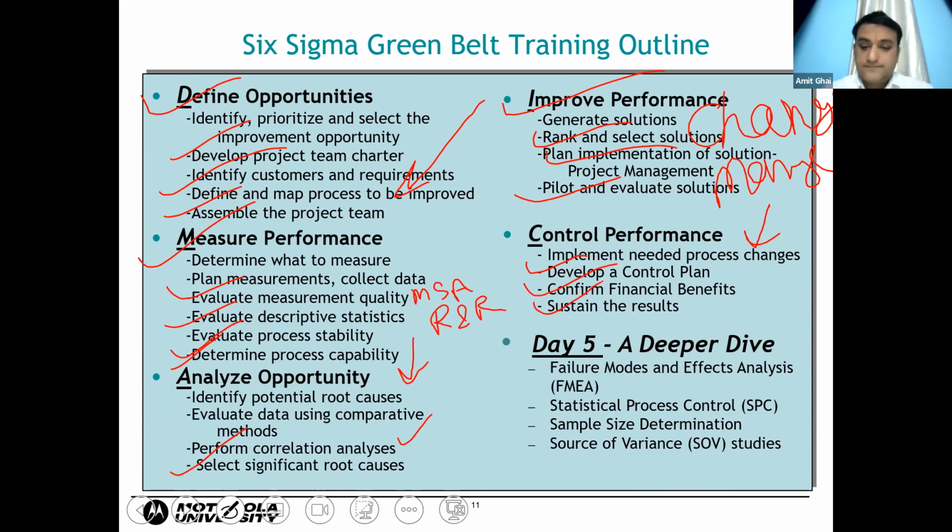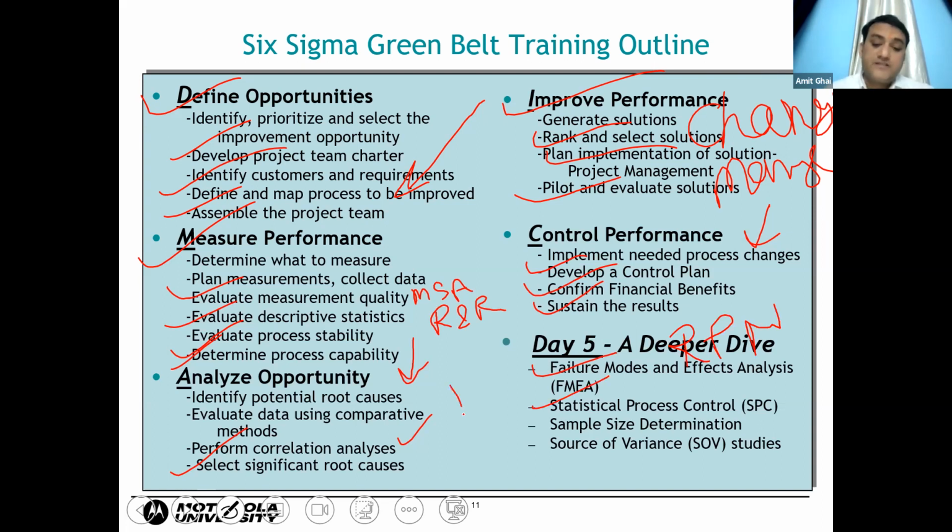There are many other side topics that you learn. Failure mode effect analysis, it is a very good tool in itself. It is a complete project management to do a FMEA for your processes that you learn. It talks about the ranking of RPN, risk priority number, of each of the defects happening in your process. You also learn about statistical process control.